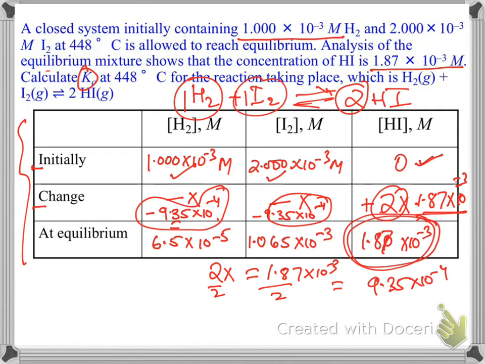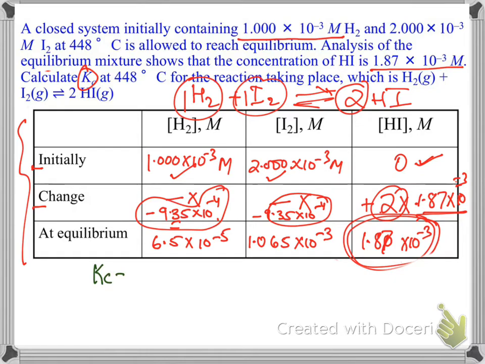Now I know all the equilibrium concentrations. So then can I calculate Kc? Yes. All I have to do is first write down the Kc expression. Kc will be equal to the concentration of products raised to the power of their stoichiometric coefficients divided by the concentration of the reactants.